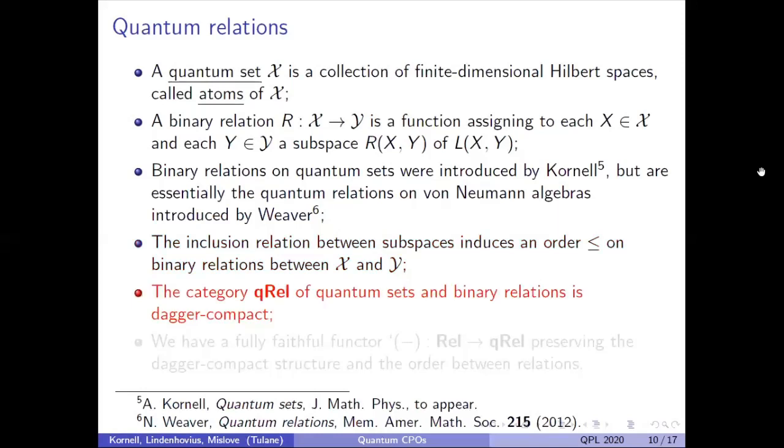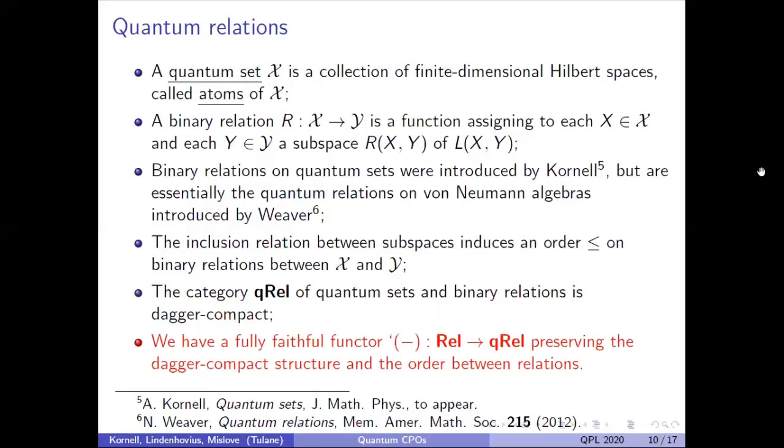And moreover, the category of quantum sets and binary relations is dagger compact. And that might be interesting for the people who work in categorical quantum mechanics. And moreover, we have a fully faithful functor. We have an embedding of the category of ordinary relations into the category of quantum sets and quantum relations.